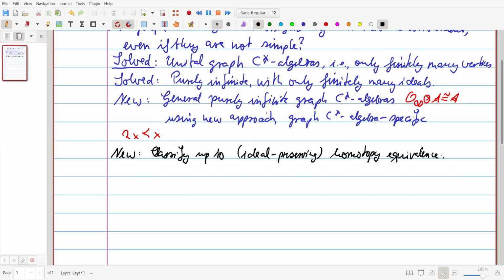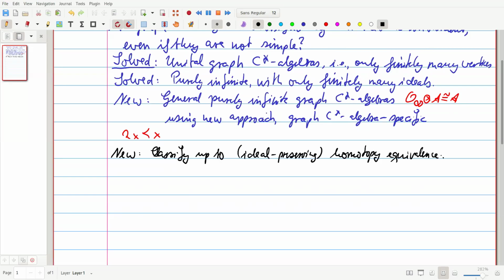I suppose you all know what homotopy equivalence means. And ideal preserving means that you first choose some isomorphism between the ideal lattices, and then you think of your C-star algebra as a kind of diagram with all these ideals and their inclusions, and you want your homotopy equivalence to restrict to these ideals so that you get an isomorphism of these diagrams.